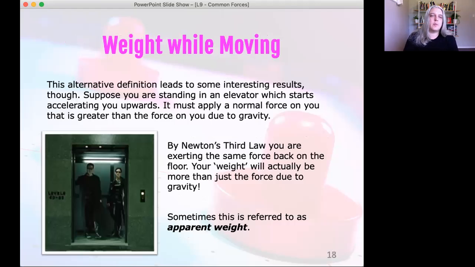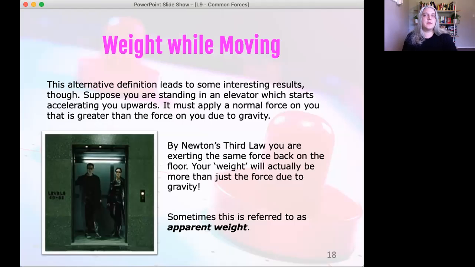But first of all, let's think about what happens if we do use that alternative definition. So if we are talking about the weight force being the force that an object exerts onto a surface, so that push force effectively of an object onto a surface, and then you start to think about some scenarios that involve moving surfaces, like standing in an elevator. If you stand in an elevator and the elevator accelerates you upwards, then for you to be accelerating upwards, you must have a net force upwards.